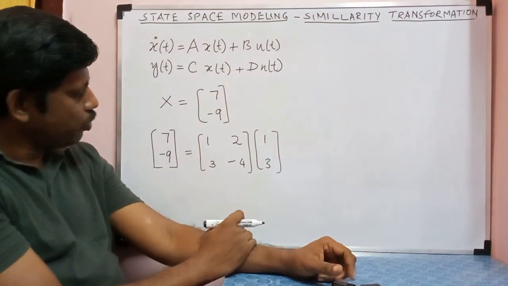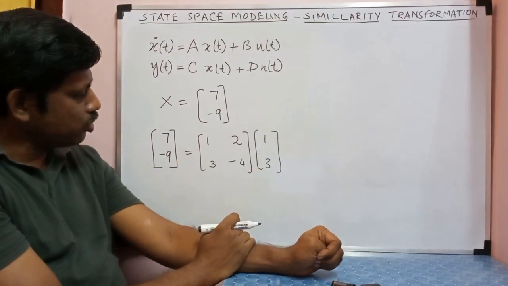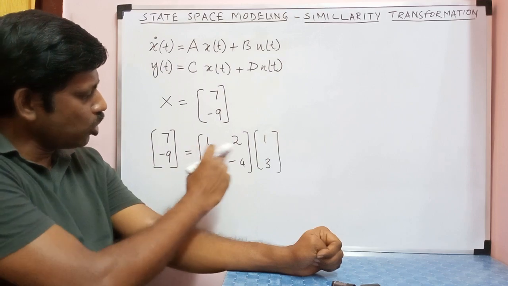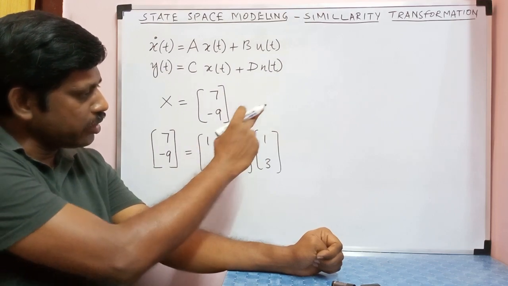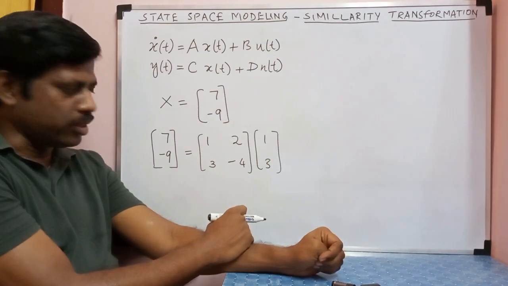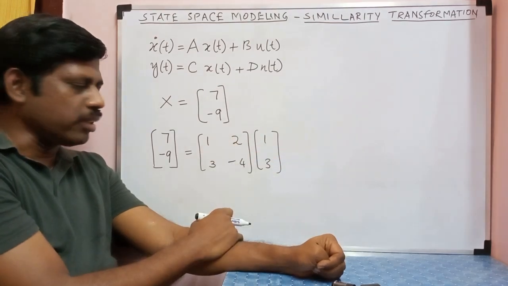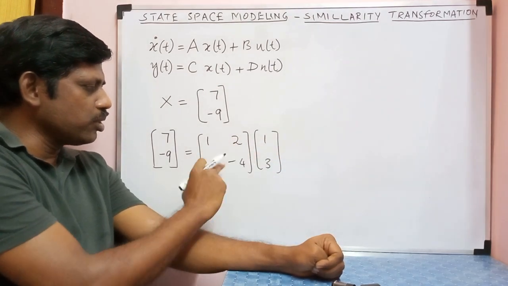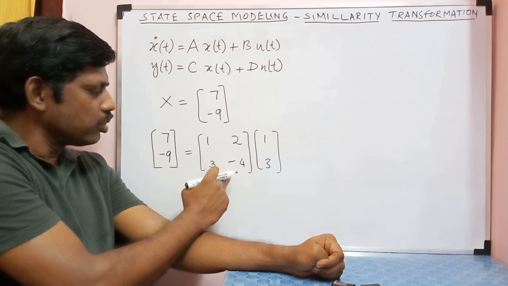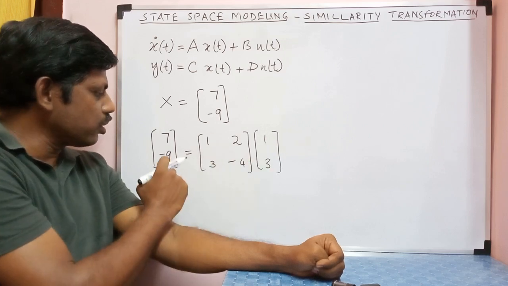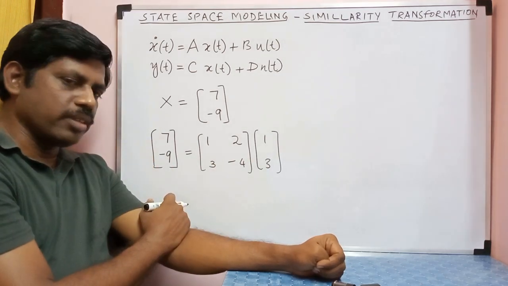See, 7, minus 9 is equal to the square matrix 1, 2, 3, minus 4 and another vector 1, 3. So you can try with your calculator, just multiply this matrix and this vector, you will get this vector.